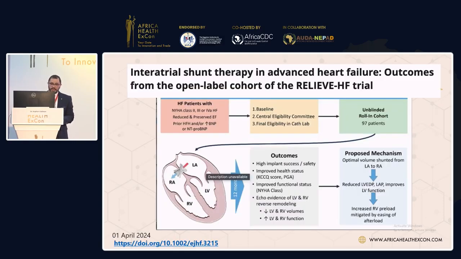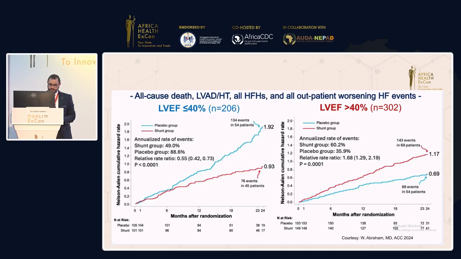Its effectiveness is proven in small trials now, but we are looking for large-scale trials.